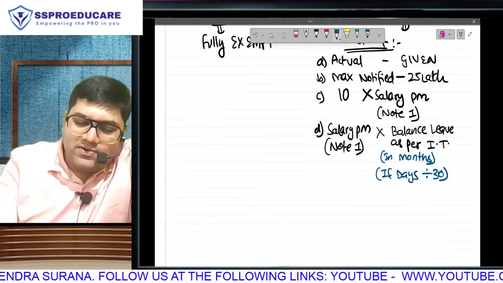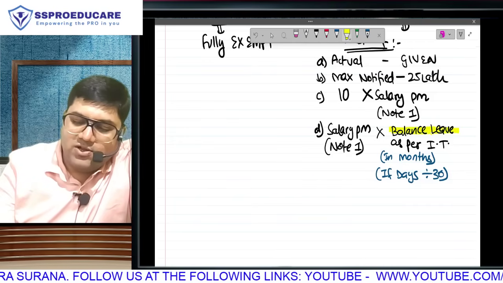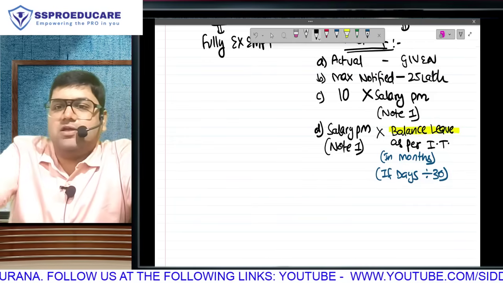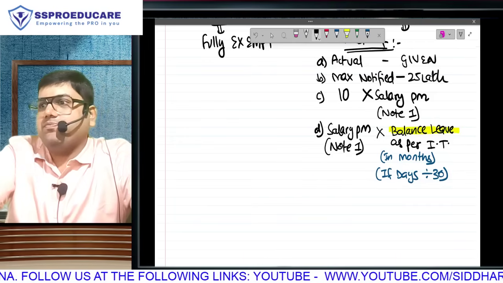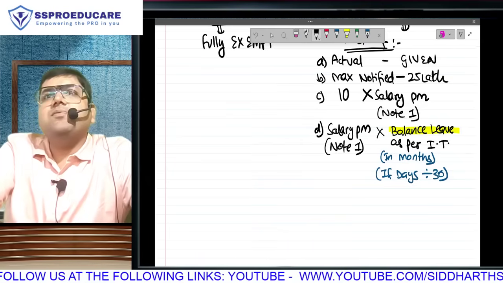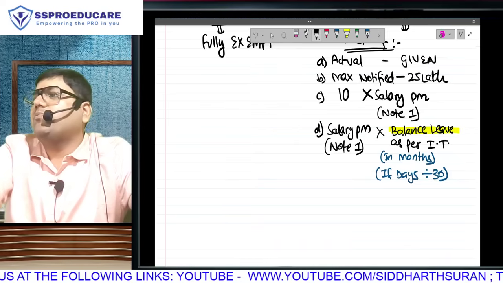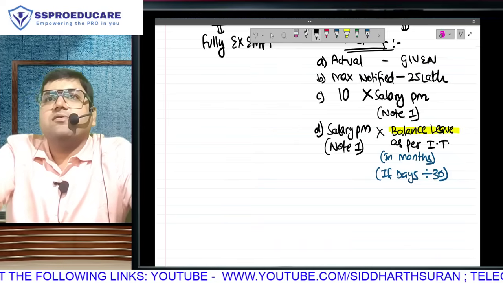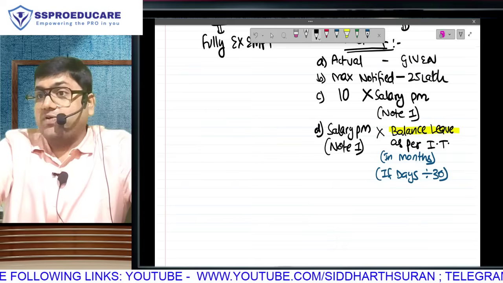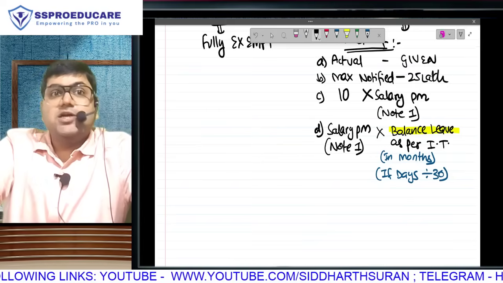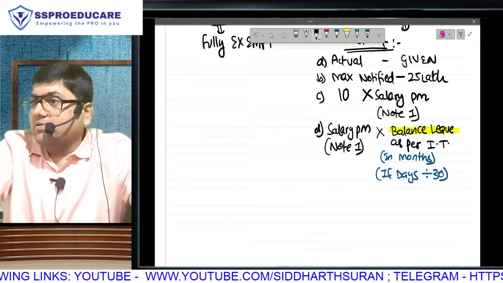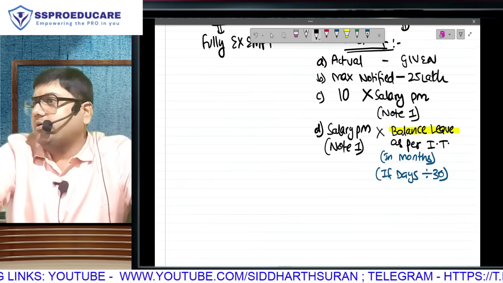All you are required to understand is what is the meaning of balance leave. See, understanding the meaning of balance leave will give you some clarity. Every time you join a job, is there some holiday which the boss gives you? For example, the boss is giving you 120 days per year, which includes weekends, festivals, privilege leave, medical leave, all together 120 days holiday.